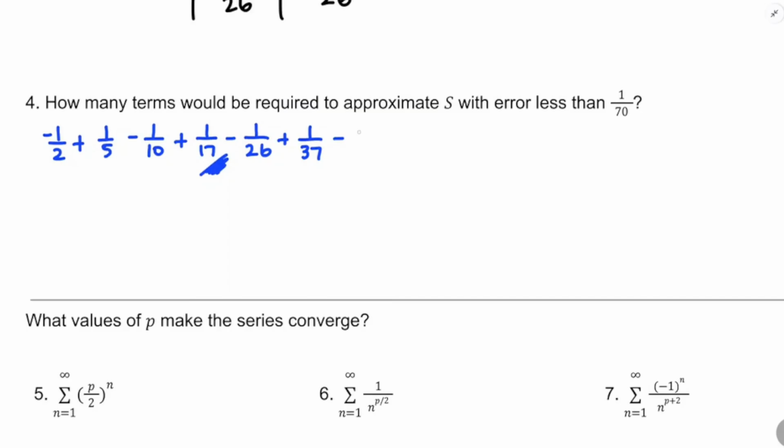The next one would be 7 squared is 49, so 1 over 50, plus 1 over 8 squared plus 1, 65, then 1 over 9 squared plus 1. There we go. All right, so that's finally less than 1 over 70. So if I want that 1 over 82 to be the error term, I'm going to stop here at 1 over 65, and that would be 1, 2, 3, 4, 5, 6, 7, 8 terms.